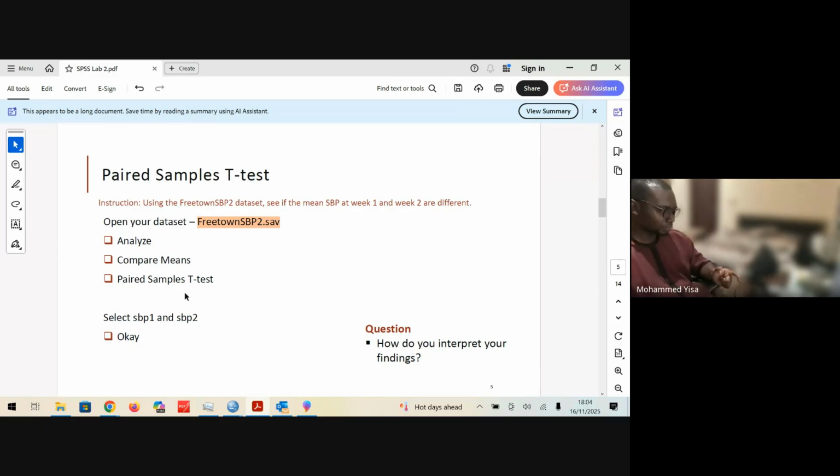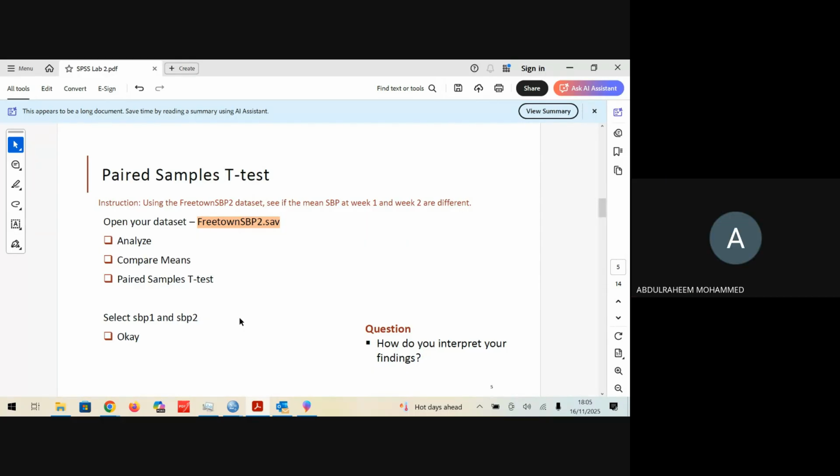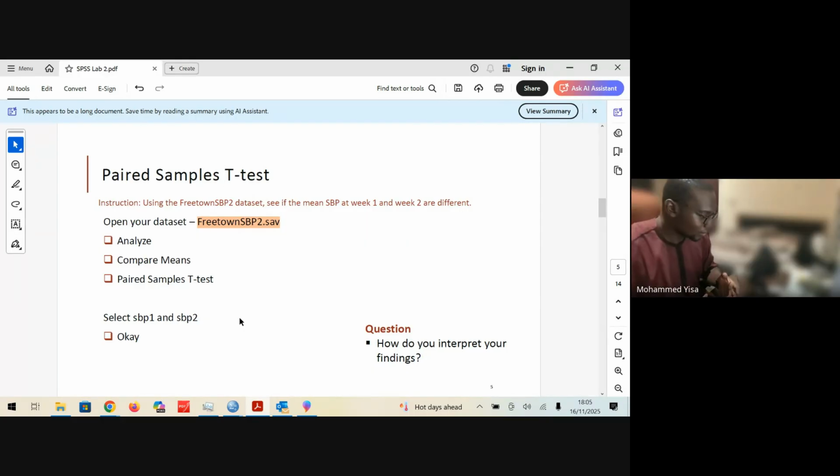However, there is an assumption that your data is normally distributed, and if you are doing a paired sample t-test, for example, that the variances are the same.